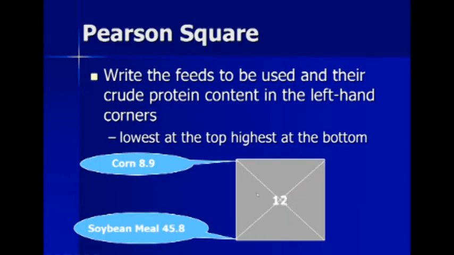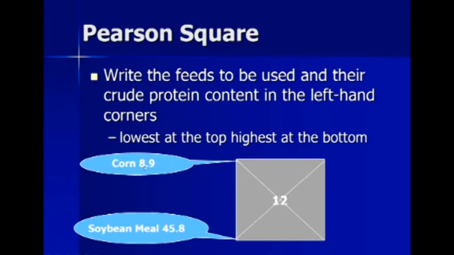Next, go to the next step. Then you have to write down the available feedstuff either on the right side or on the left side of the square. Here we put on the left side of the square the first ingredient that is being used for ration formulation, that is corn grain, and the second one is soybean meal. Here you have to write the ingredient name along with their protein content, because in the center of the square we put the protein value that is required.